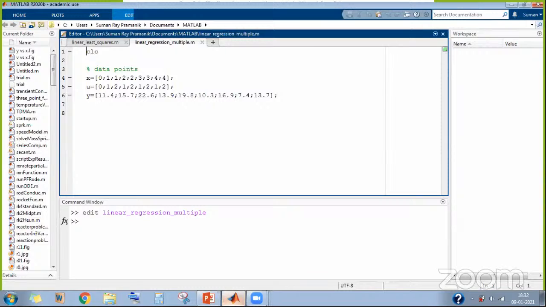As I said, for multiple regression, that's also very simple. We just have to create two arrays, one capital X and one capital Y. Then as per the formula that was given, we can find the coefficients. Also we have to calculate the length of the data points.